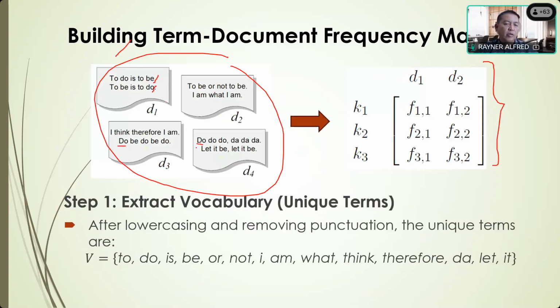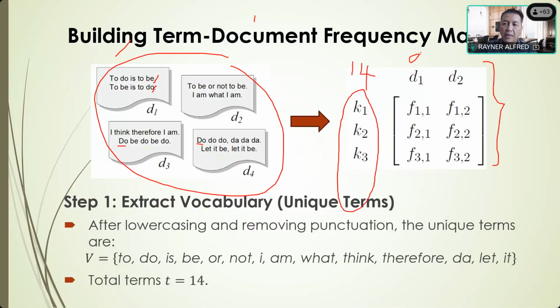This is just to give you an example of how we convert these documents into the term frequency matrix. So we extract all the vocabulary, the unique terms, and we have a total of 14 terms here. These keywords will be listed here, all 14, and we have document 1, document 2, document 3, and document 4.